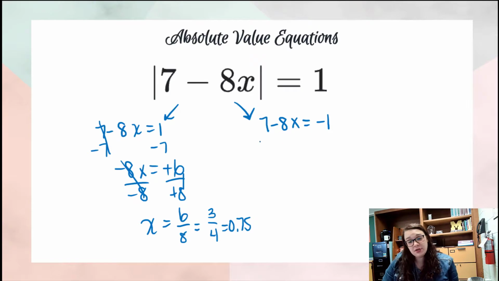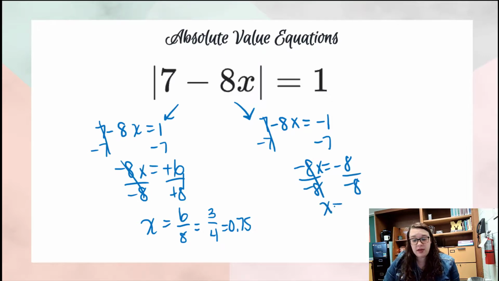On my second equation, same 2 steps, subtract 7 first, and then divide by -8. And in this one, I get a nice answer of 1. So my final answer is x equals 3/4 or 1.